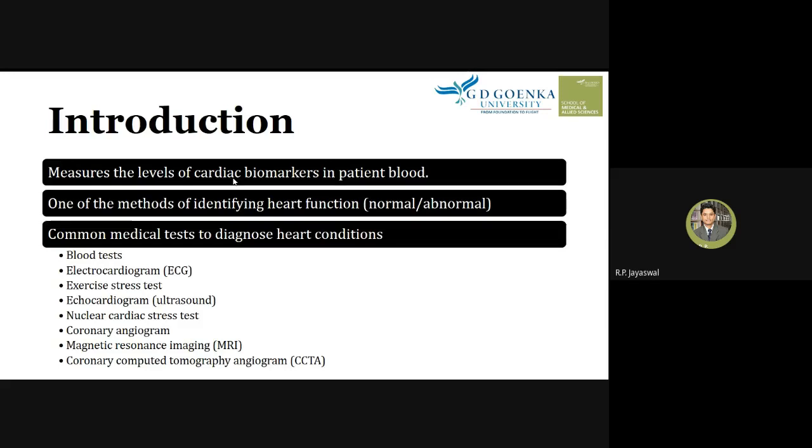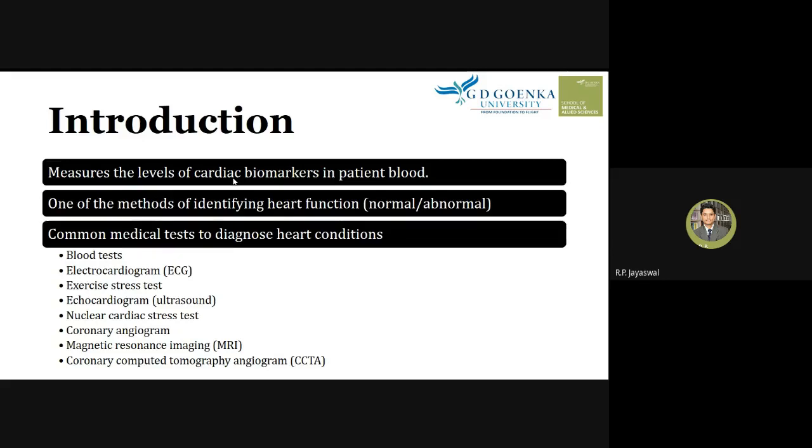The first is the blood test, where we can analyze cardiac biomarkers, and then there are so many other tests apart from the blood test, like ECG (electrocardiogram), exercise stress test, echocardiogram, which is ultrasound, then nuclear cardiac stress test, coronary angiogram, magnetic resonance imaging (MRI), and coronary computed tomography angiogram, which is CCTA.